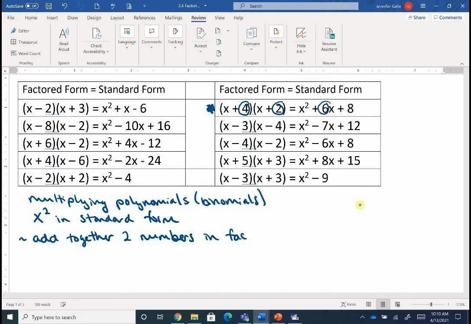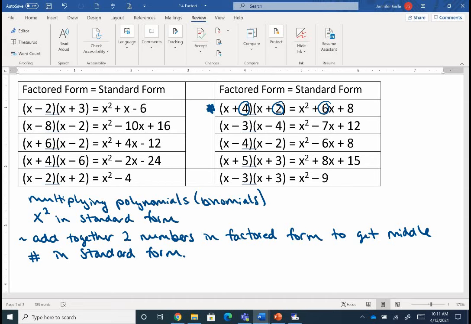Add together two numbers in factored form to get the middle number in standard form. Does that sound good, guys? Are we seeing what Jonah just described to us? Let's see if that works. And it's hard to word it. He did a great job describing the example, but it's hard to word it.